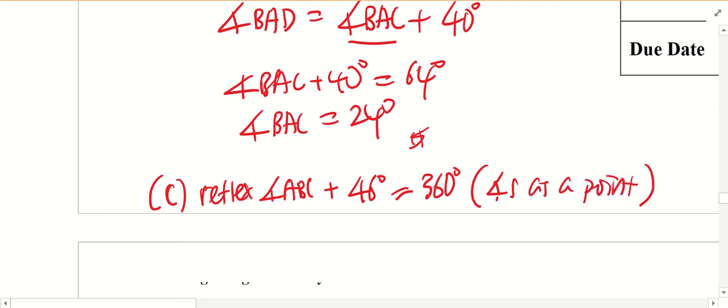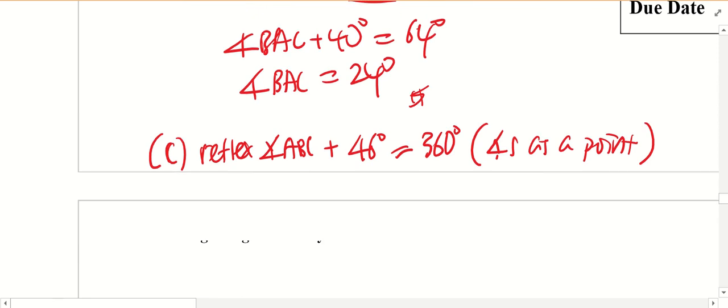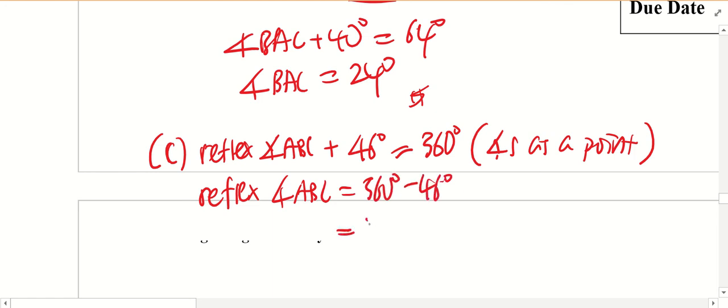When I use the knowledge that all angles at a point add up to 360, I must immediately quote the reason. So reflex angle ABC is 360 degrees minus 46 degrees, and that gives us 314 degrees. That's it, 314 degrees is the reflex.